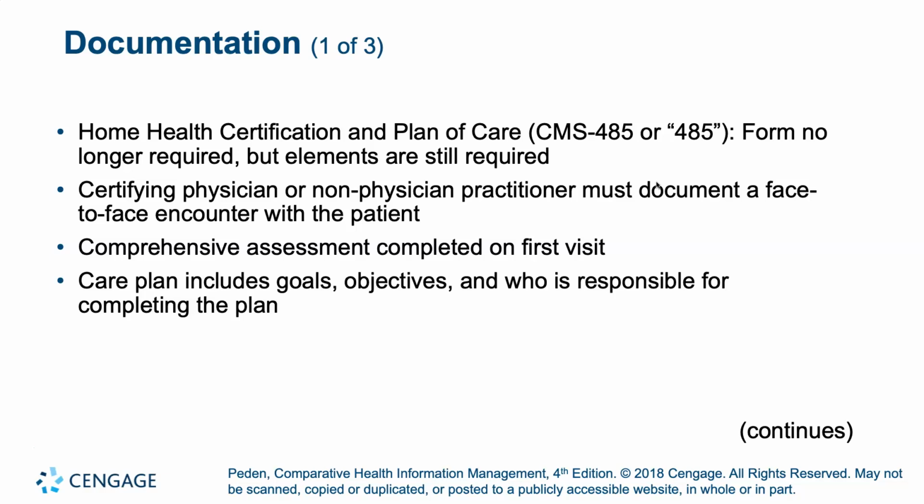You have to have the elements. And we'll talk about OASIS here in just a little bit, but in order to start with home health, you have to have a face-to-face encounter with the patient to evaluate the patient and make sure that the patient needs these services.